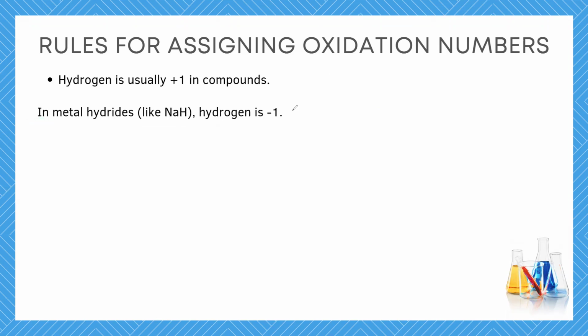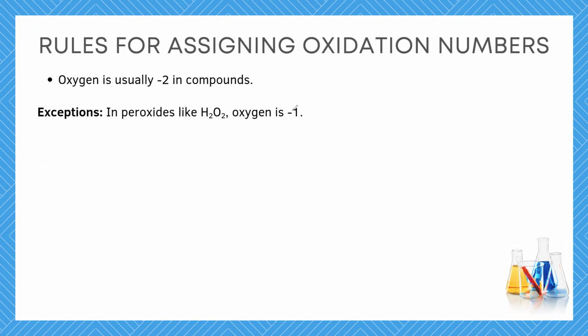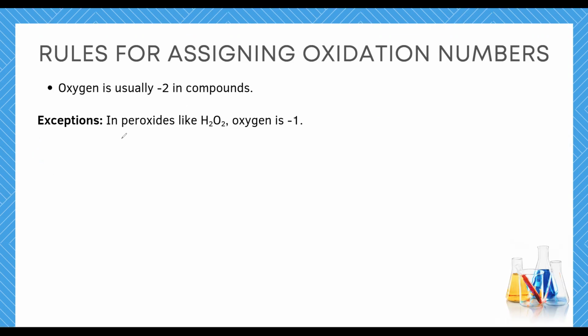Now, let's go back a bit. This is where I want to explain something that I said earlier on. Remember, I said that oxygen is usually -2 in compounds. Now, there is an exception. In peroxides like H2O2, oxygen is -1. Why is oxygen -1, you may be asking? Now, let's calculate the oxidation number of oxygen in this compound, H2O2.